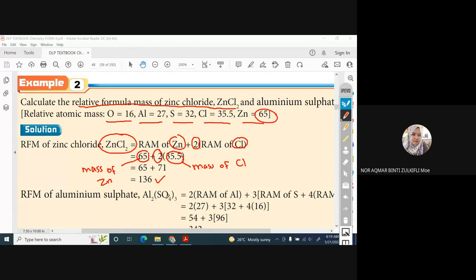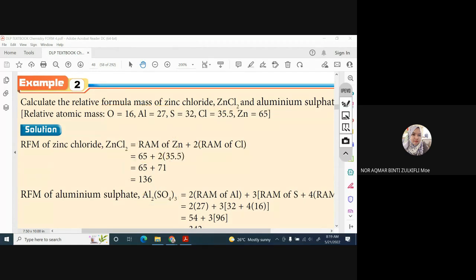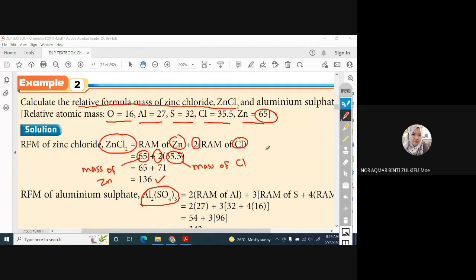Next, this is the most complicated one, the second one: Al2(SO4)3. You can see the bracket here, so be careful. We have aluminium 2.